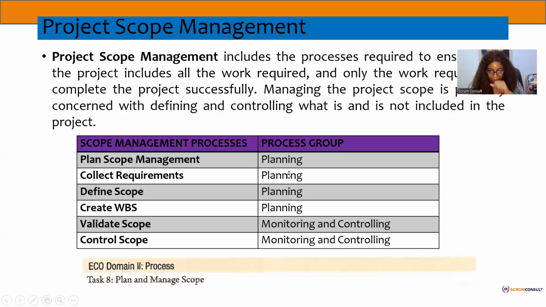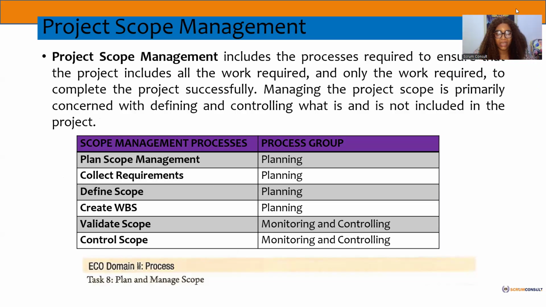After the class, of course, we talk about our course outcome. Again, we said that project scope management includes the processes required to ensure that the project includes all the work required and only the work required to complete the project successfully. That's why, after eliciting the requirements, we make sure that we sort them so that we are only working with the scope or requirements needed for the project to be done successfully.